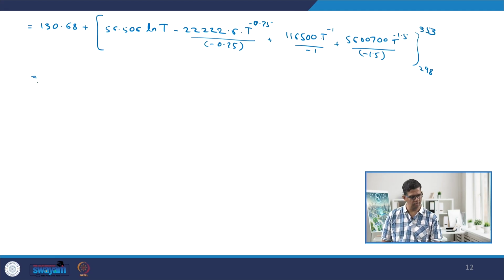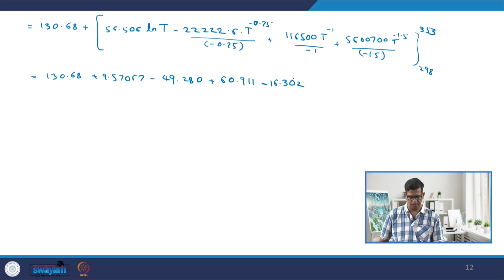So if we solve this up, this comes 130.68 plus 9.57067 minus 49.280 plus 60.911 minus 16.302. So let me again simplify this.